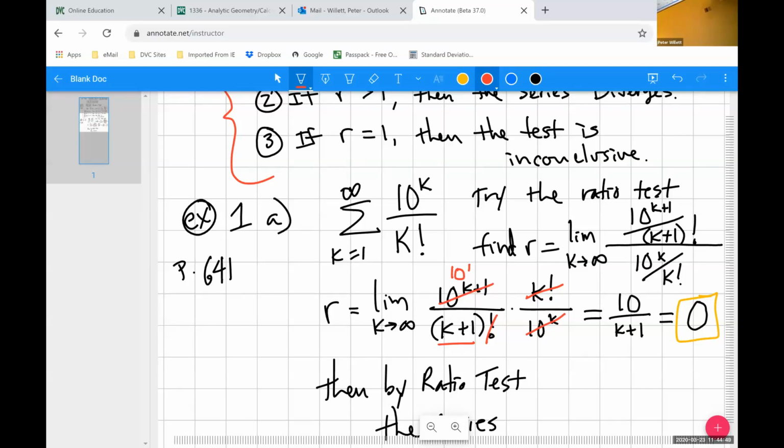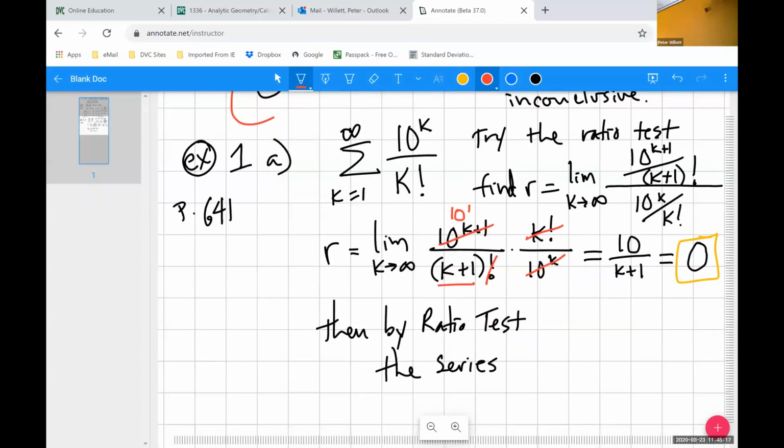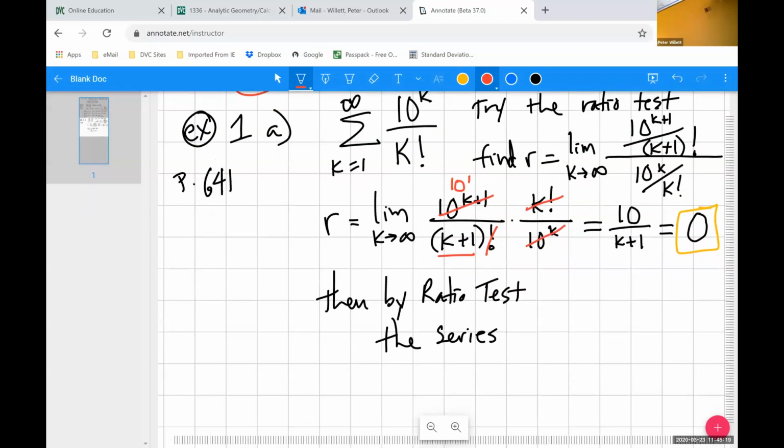When k is 11, in the top you multiply by another 10, but in the bottom you multiply by 11, and then 12, and then 13. So the bottom grows eventually drastically faster than the top. Something to think about to develop your intuition.